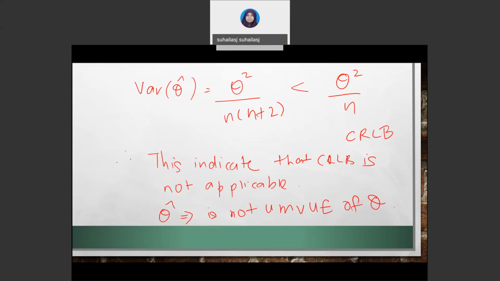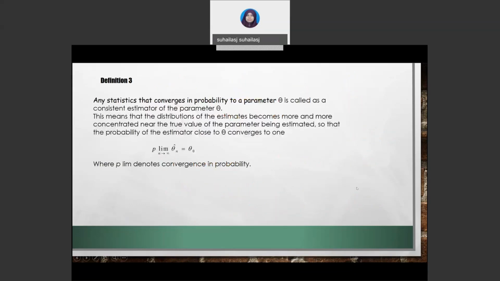Okay, so next concept, the last concept, I just give you a definition. Any statistic that converges in probability to a parameter theta is called a consistent estimator of the parameter theta. This means that the distribution of the estimates becomes more and more concentrated near the true value of the parameter being estimated, so that the probability of the estimator being close to theta converges to 1.